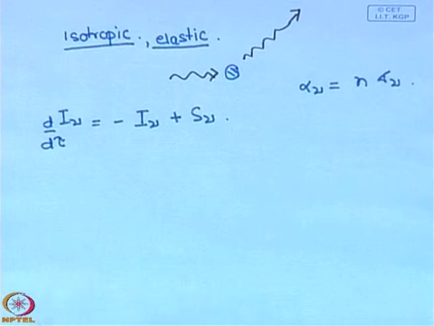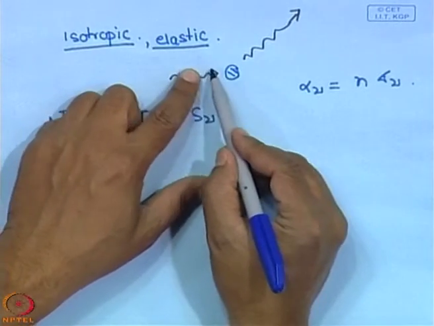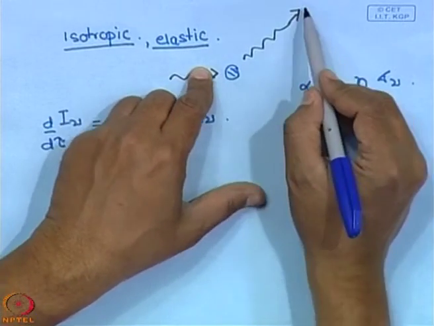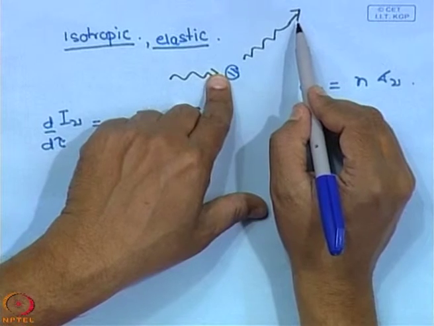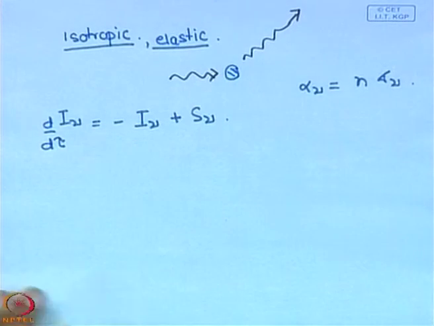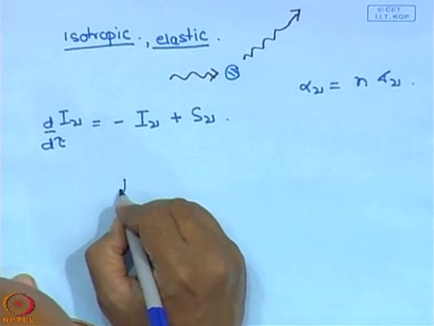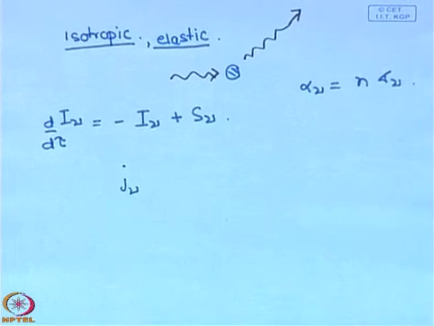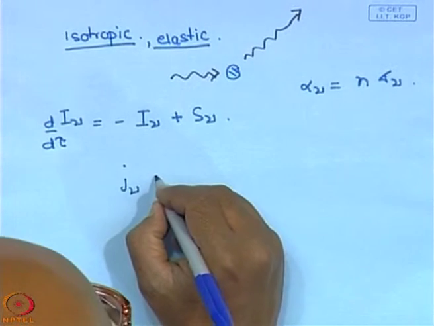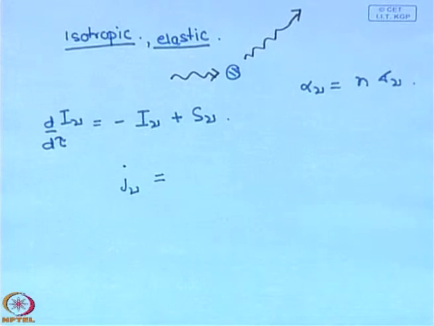Now, here in scattering, the radiation that is scattered from this direction will be a source in some other direction, because the radiation that comes in goes out in some other direction. Okay. So, let us ask what is the emission coefficient j nu. That is the radiation emitted per unit volume in a certain direction.